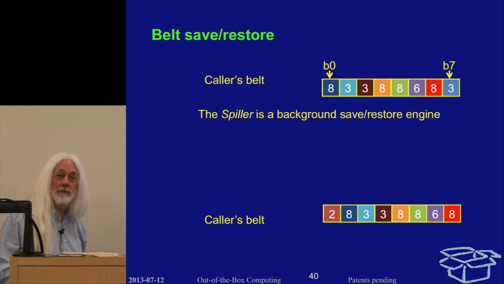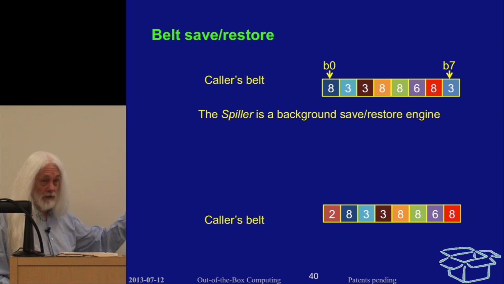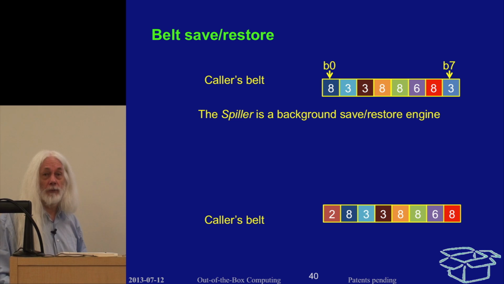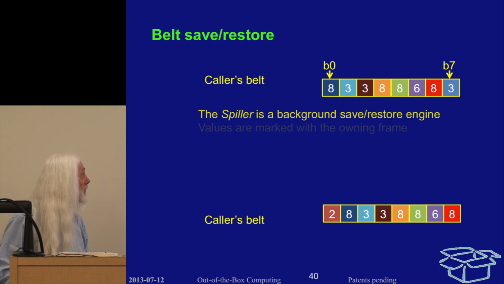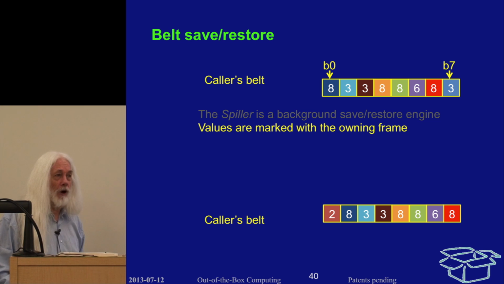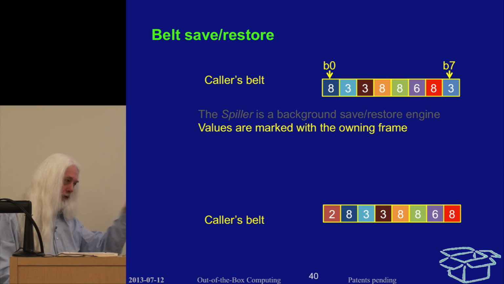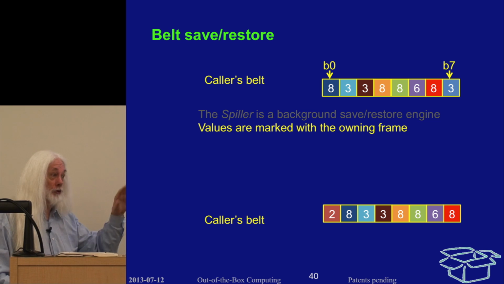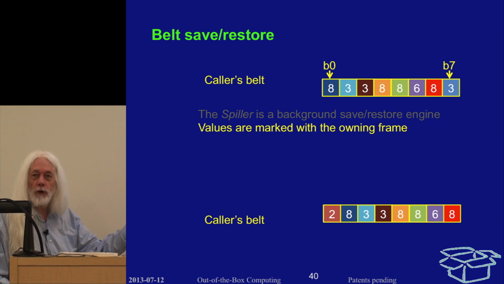It will take care of it for you, behind your back. The later slides will touch a little bit on how it does it, but that's the spiller. The values in the belt are marked with the originating frame. In addition to saying you're number 3, you're also frame ID 742 or whatever.